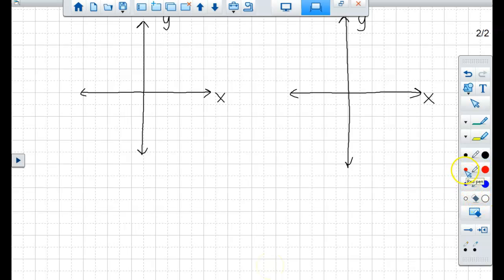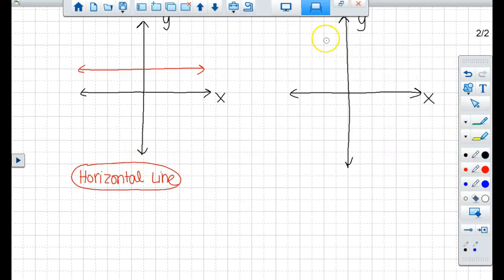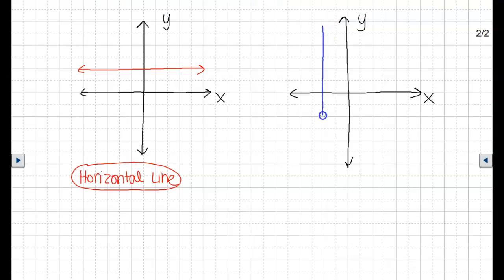And I think what I'll do is on this graph, I'll put a horizontal line right here. So here's where we will talk about the horizontal line and what we can see. And then I'm going to come over here and draw a vertical line right here. And over here is where we will make some observations about that vertical line.